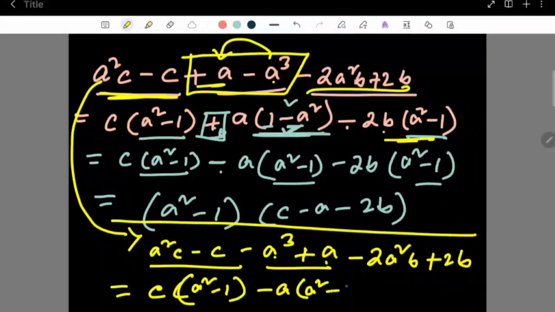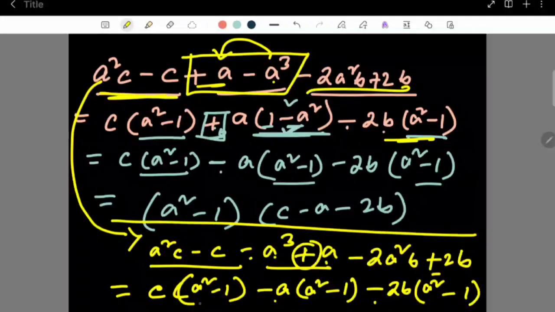From here minus 1 is left, as this sign is minus, so this sign is going to change, and here 2b is common, so a square, and this sign is changing due to this minus. Now check, this a square minus 1 is the same. The remaining thing is here c, here minus a, and here minus 2b.